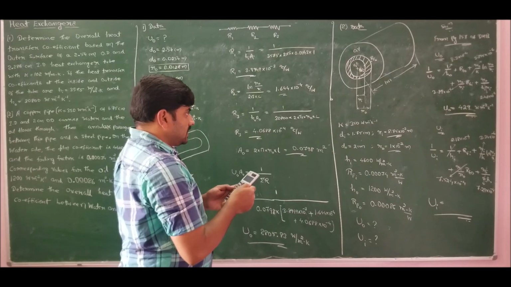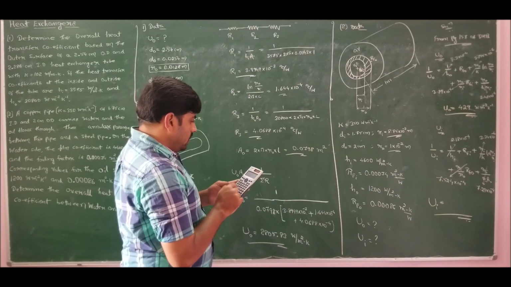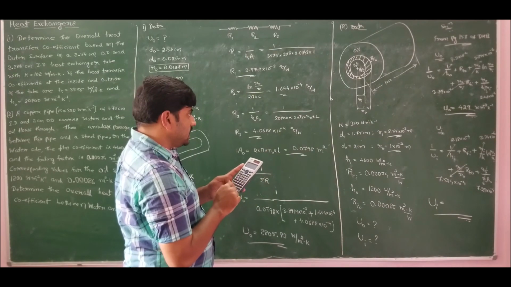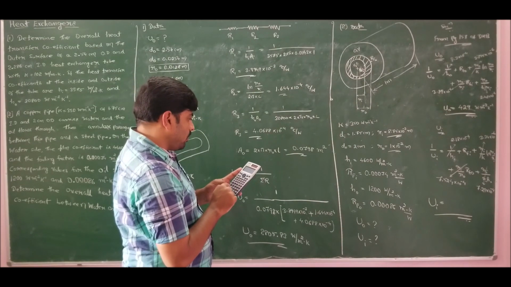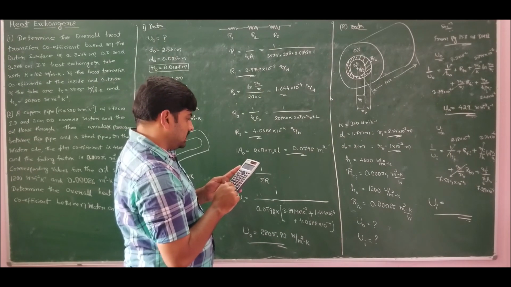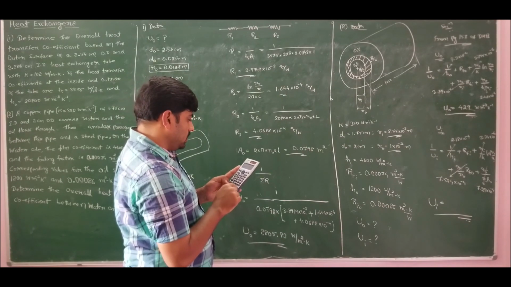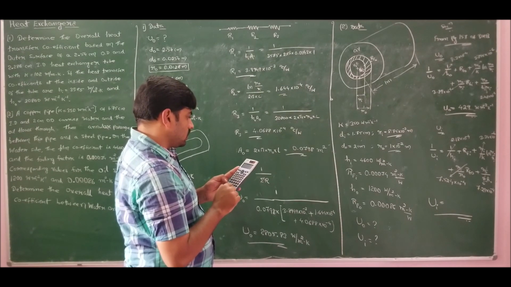So if I substitute all the values, Ui becomes 1 by the sum of all these values: 1 by 2.18 × 10^-4 plus RFi, which is 0.00034, plus 3.34 × 10^-6 plus 7.524 × 10^-4 plus 7.29 × 10^-4.